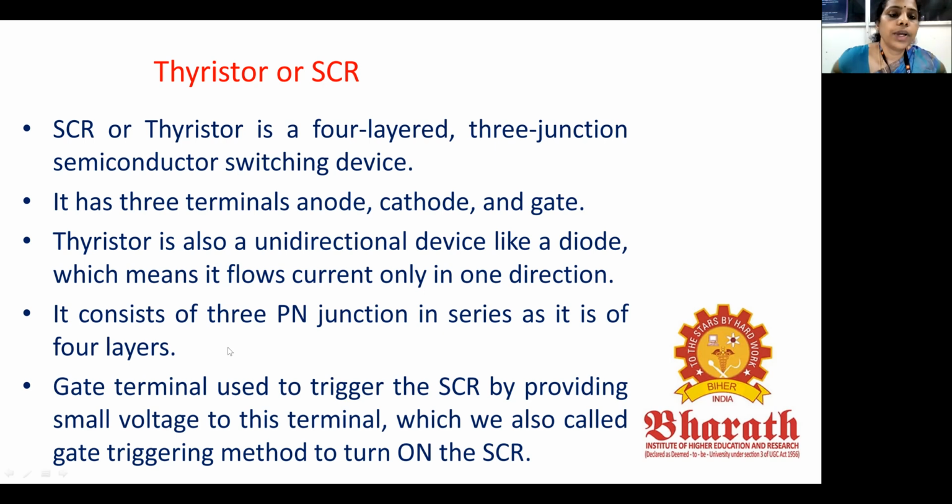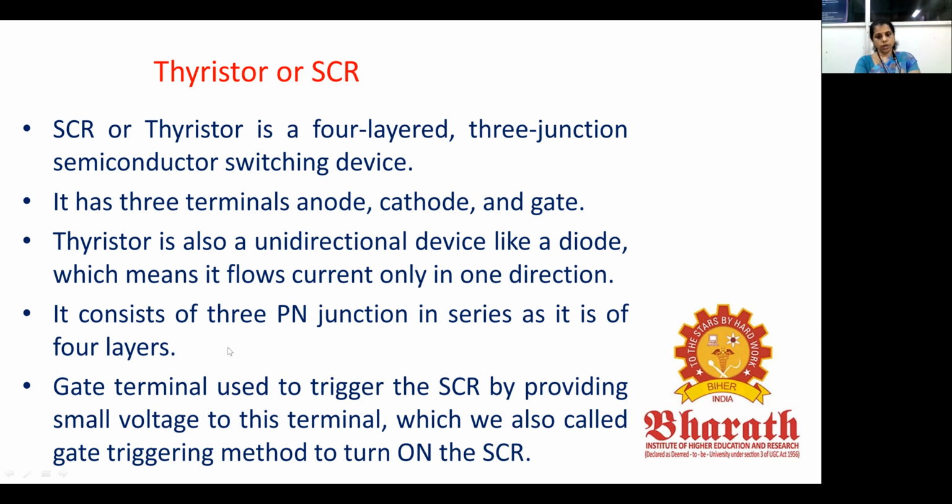The thyristor is otherwise called a silicon controlled rectifier, SCR. This SCR is a 4-layer 3-junction semiconductor device. It is similar to a diode, but it has an extra terminal called the gate terminal. So the 3 terminals are anode, cathode and gate.